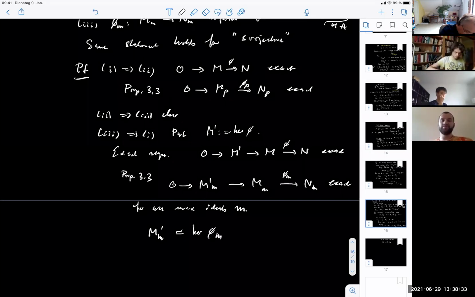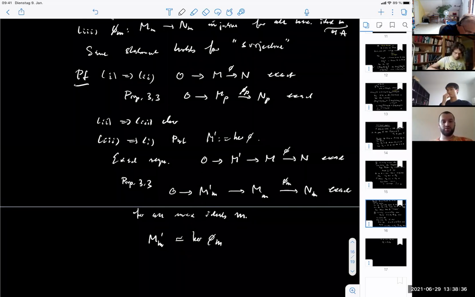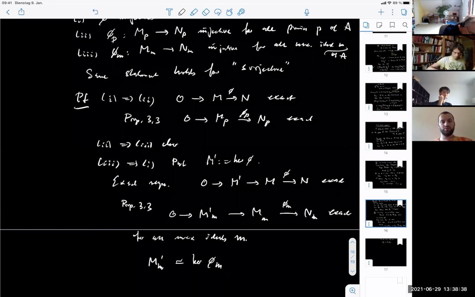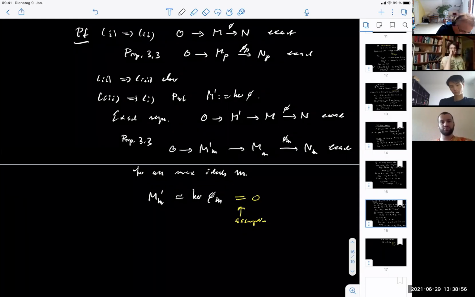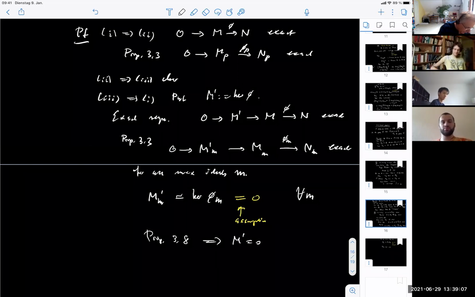Now comes the assumption: phi M is injective, so this is 0. The assumption holds for all M. Now I use that being 0 is a local property. This is proposition 3-8, and I conclude M prime equals 0. And this means my phi is injective.